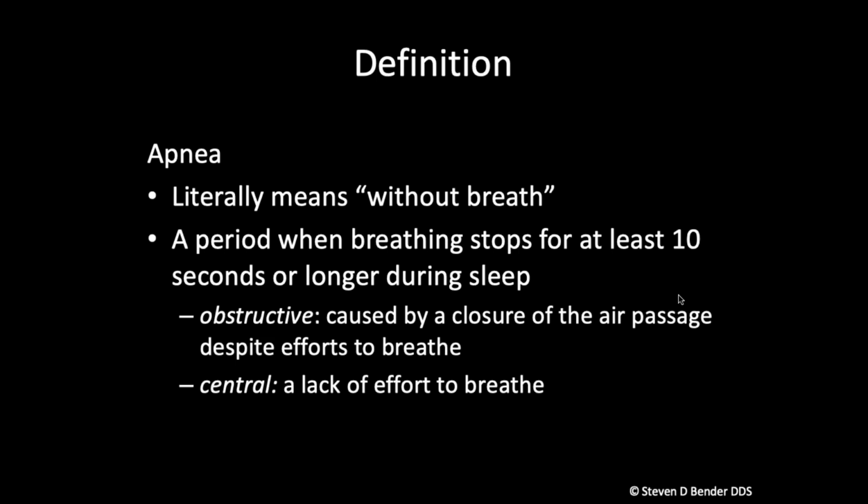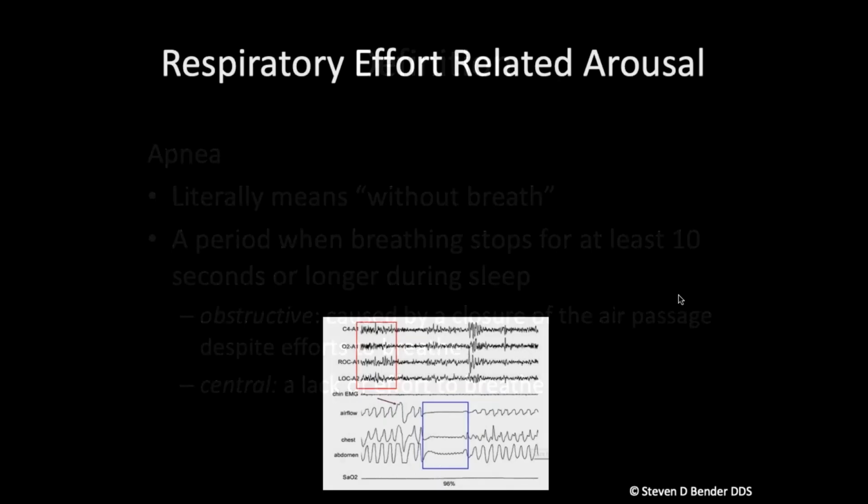Apneas can be termed obstructive, which means we have tissue obstructing the airway, or they can be considered central. And this is basically where the brain, for numerous reasons, decides not to breathe. In other words, it just kind of shuts off and says, no, I got this. And there can be a lot of health issues associated with that, but it can also be related to medications like opioids.